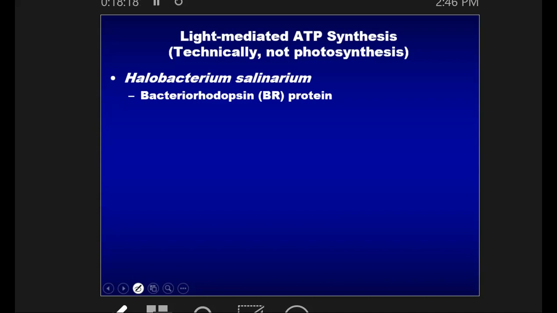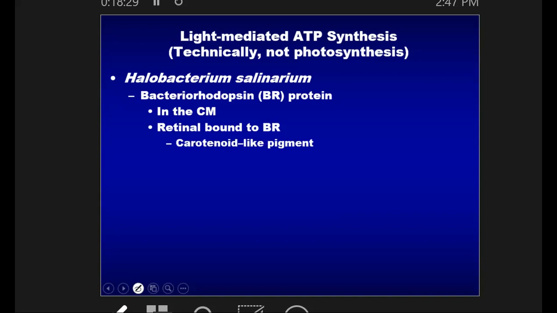So it's a fun microbe to play around with, but they're also really cool because they have this bacteriorhodopsin protein that they stick in their membrane, and then they have a retinol that is bound to it. Okay, so this should sound vaguely familiar because our eyes have some similarities here. And so the retinol is a pigment, carotenoid-like pigment, and it absorbs light energy.